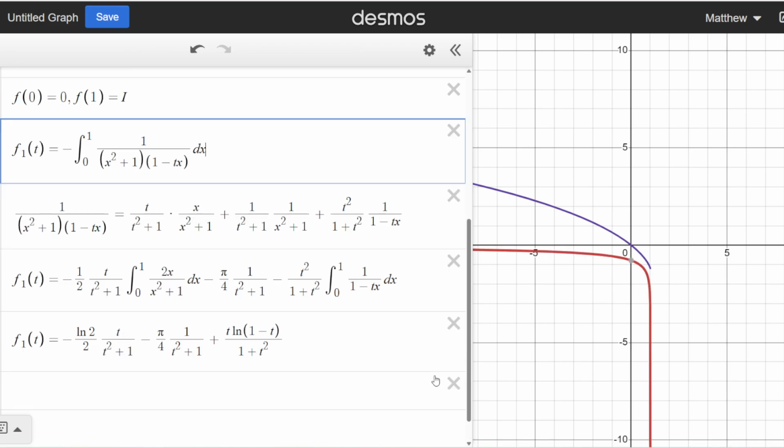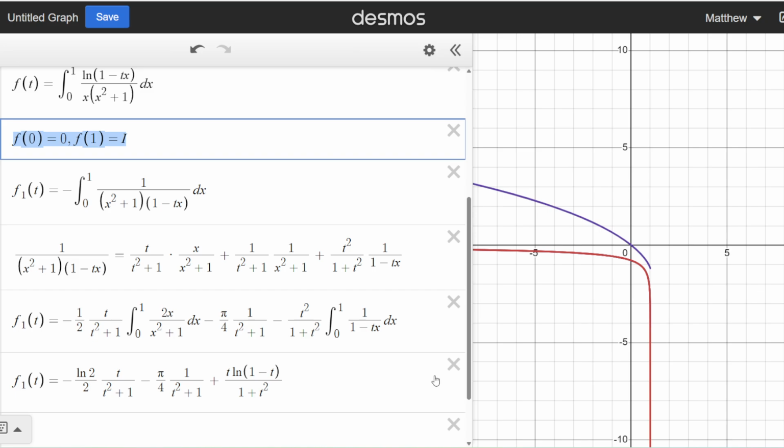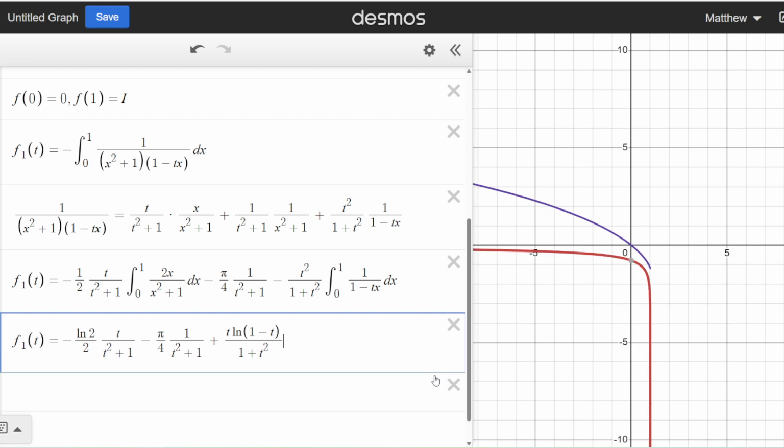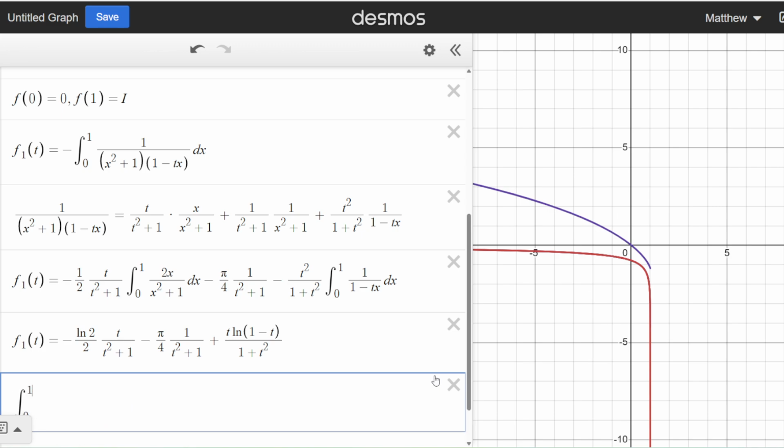Well, let's recall back up here that f of 0 is 0 and f of 1 is I. And don't forget, this is the derivative. This is f prime of t. So if we integrate from 0 to 1 f prime of t dt, we will get the antiderivative f evaluated at 1 minus its antiderivative f evaluated at 0.